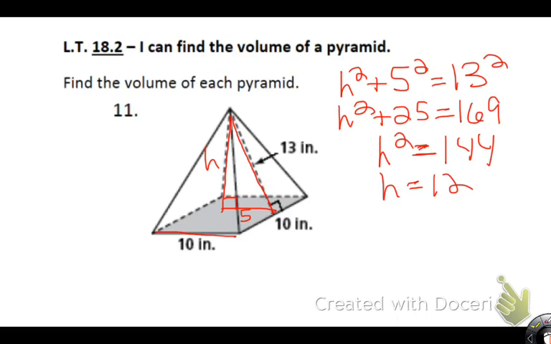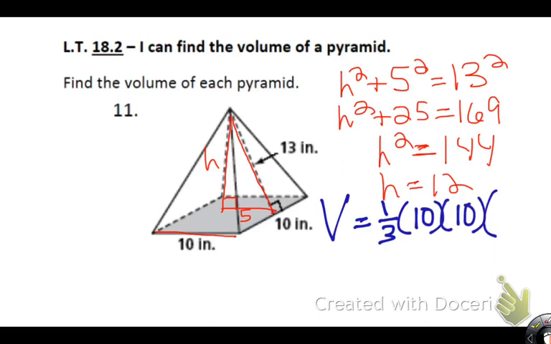So now that we have the height, we have 1/3, and then the area of the base, which is 10 times 10, and then times our height, which we now figured out is 12. So this is 12 now, and we just multiply those together.